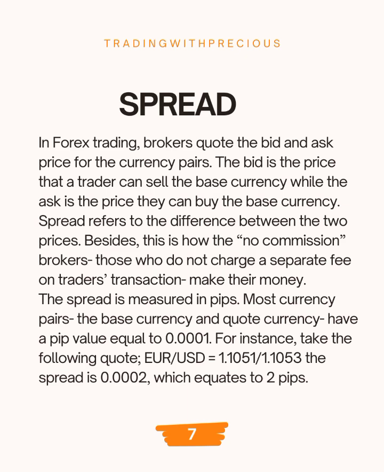When you hear of bid, what should come to your mind is the selling price, which is the amount a trader is willing to sell a particular currency. And when you hear of ask, what should come to your mind is the buying price, the amount a trader is willing to buy a particular currency. So the difference between the selling price and the buying price is what we call the spread.